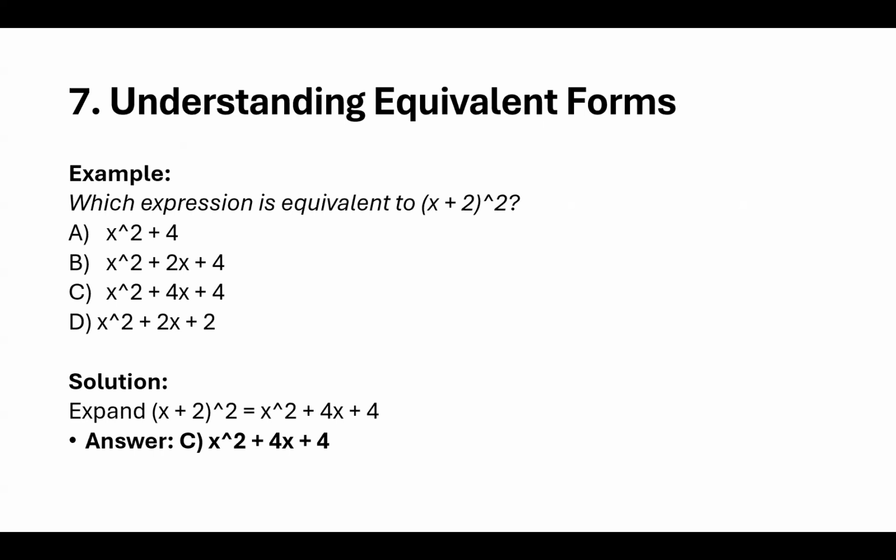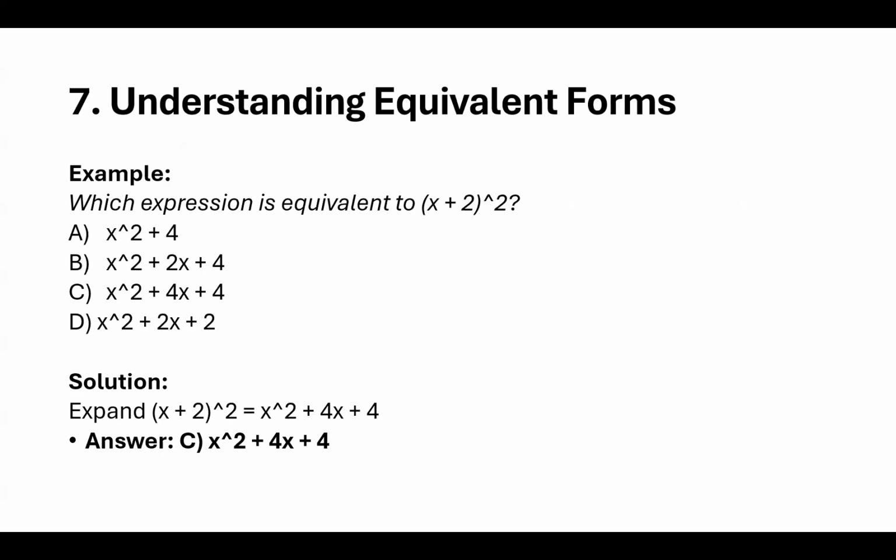The seventh skill is to understand the equivalent forms, right? So when we are given an expression like x plus 2 squared, then we want to expand the square term, right? So we can write down and rewrite the expression as x squared plus 2 times 2x plus the number 2 squared, right?